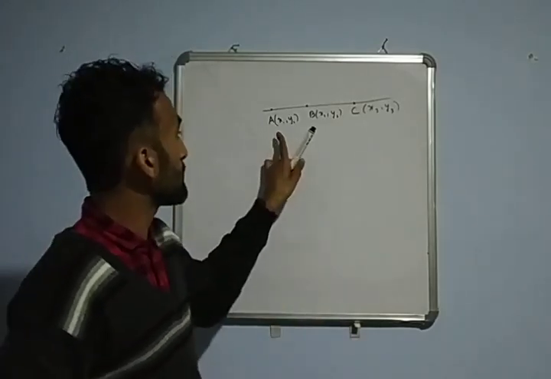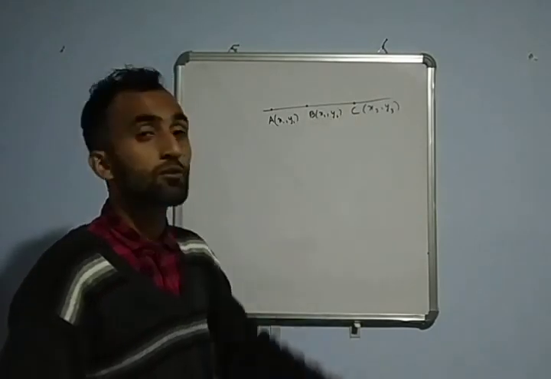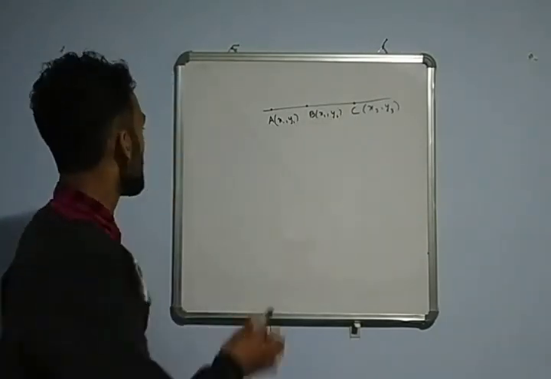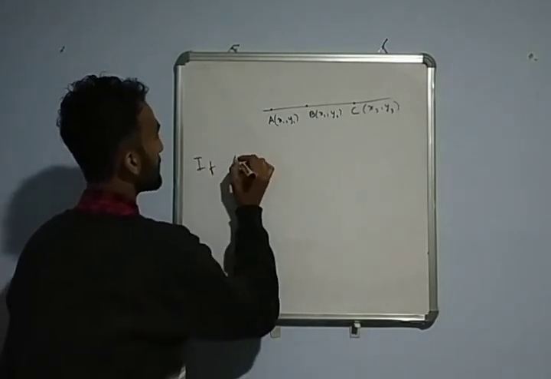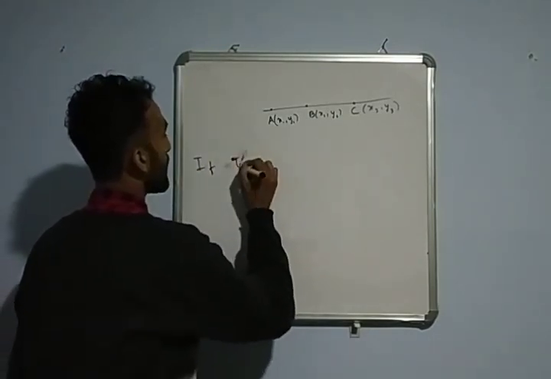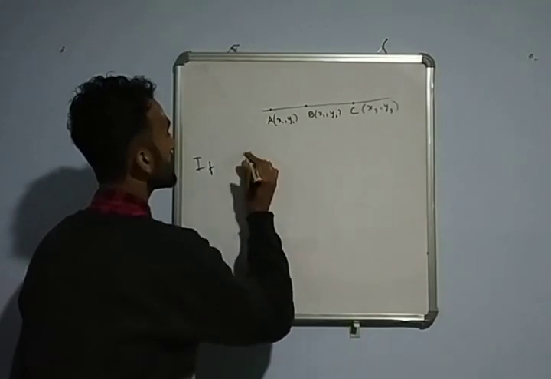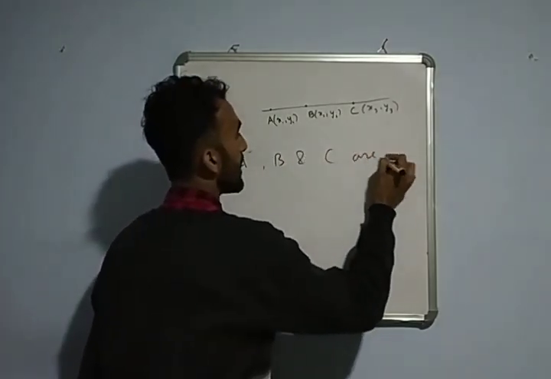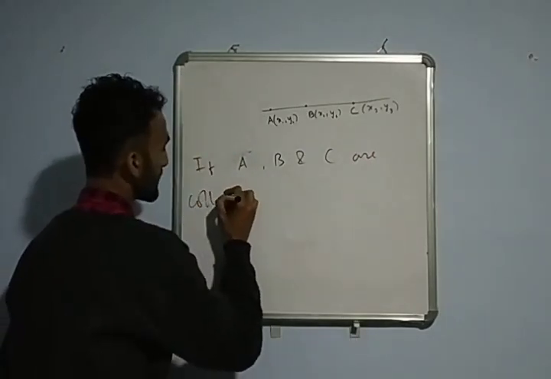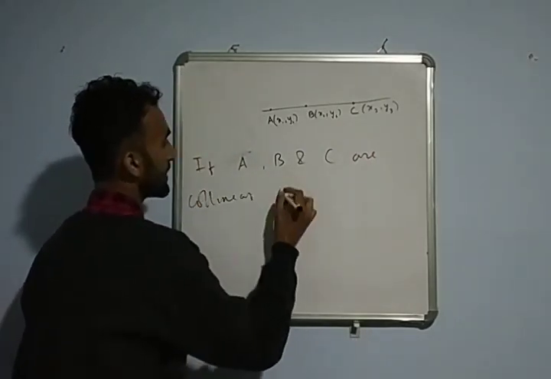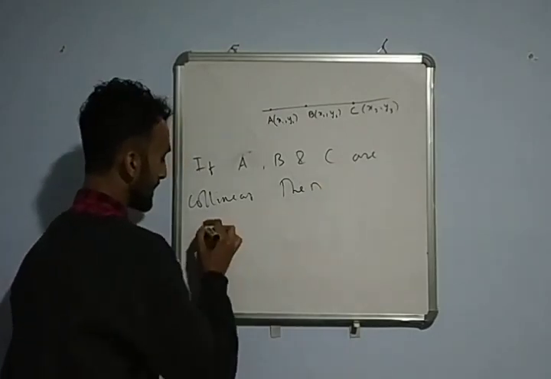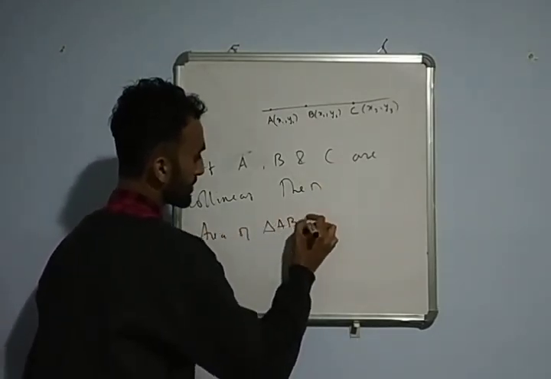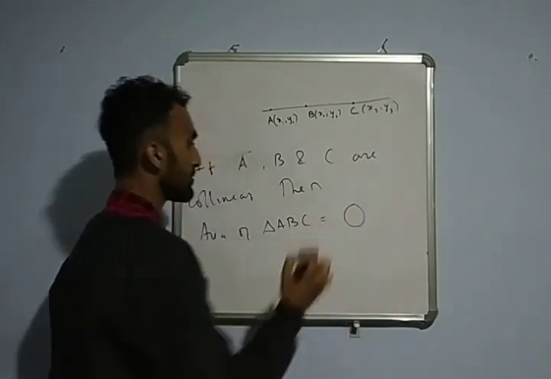That means area of this triangle ABC is 0. Now if A, B and C are collinear, then area of triangle ABC is equal to 0.